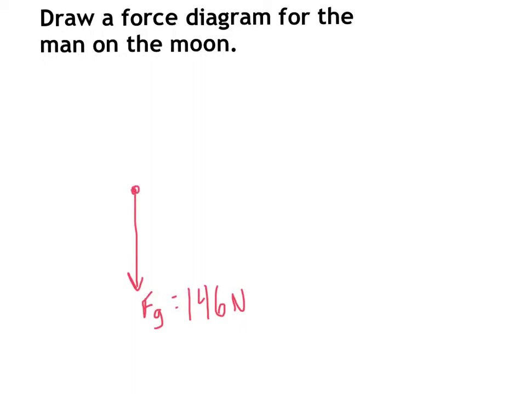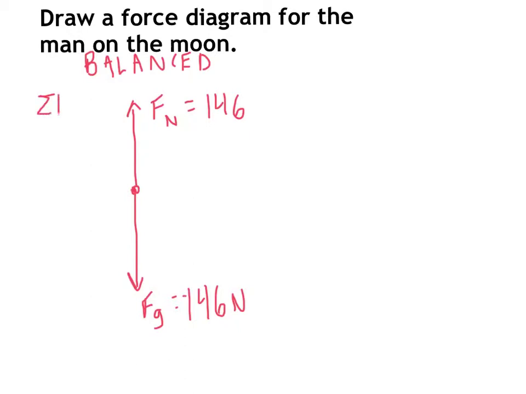Because he's standing still, we know that the forces here must be balanced. And there must be an upward force caused by the moon's surface, the normal force, which would also be 146 newtons. So this would be negative because he's acting down. So the net force in this case is 0.